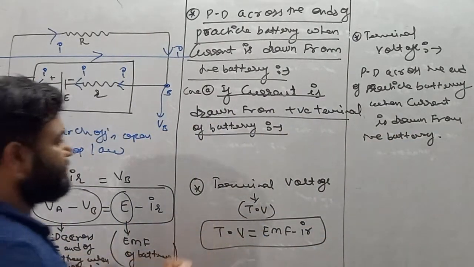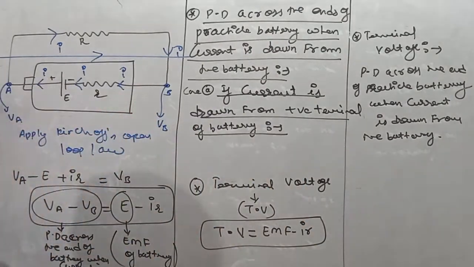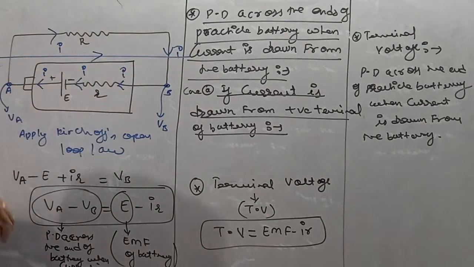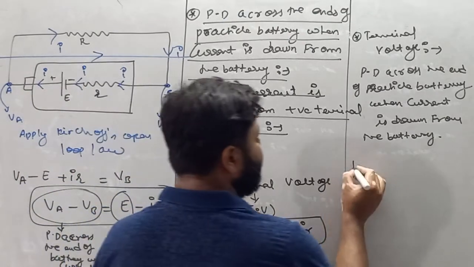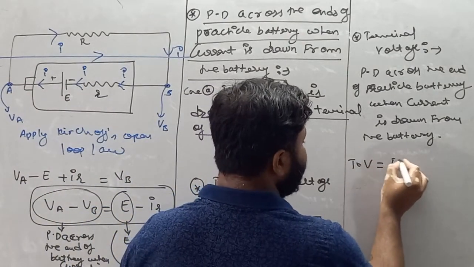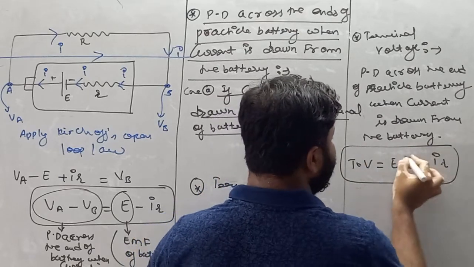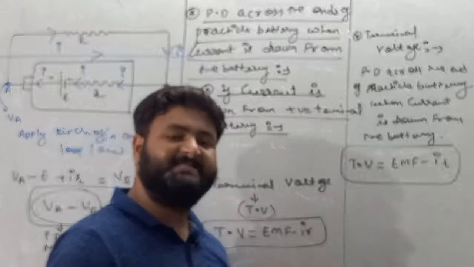So see my dear student, when the current is drawn from the positive terminal of the battery and goes towards the negative terminal, then the potential difference across the ends of the practical battery is called terminal voltage, and terminal voltage is equal to EMF minus IR. Now I'll compare terminal voltage and EMF.